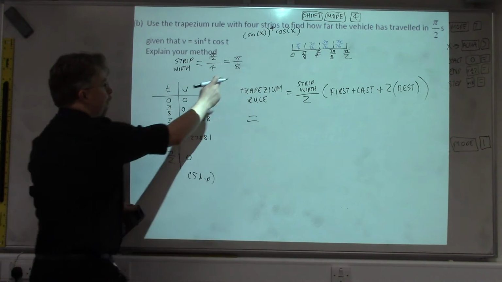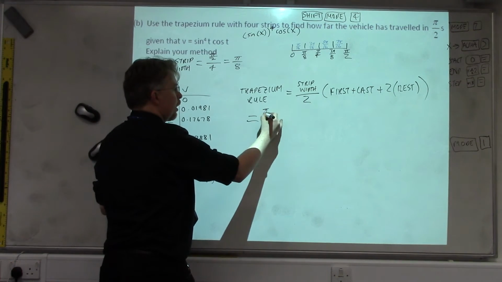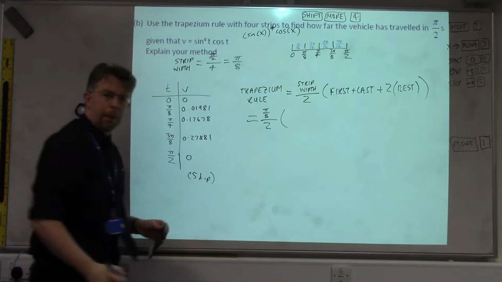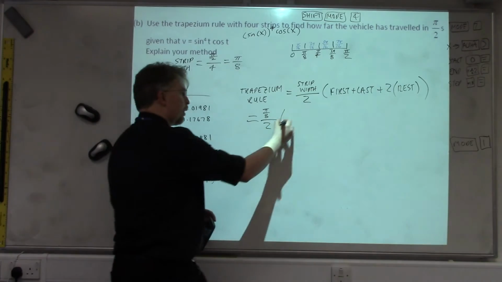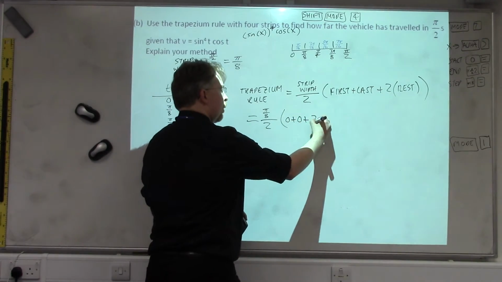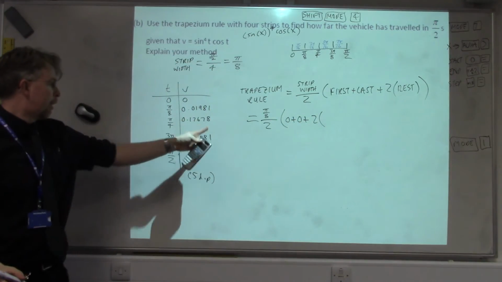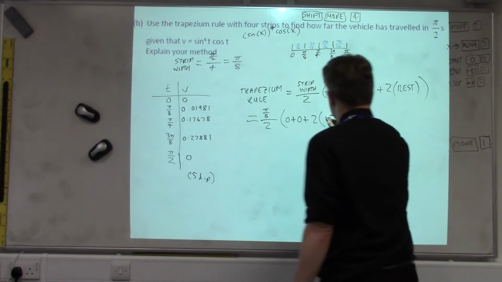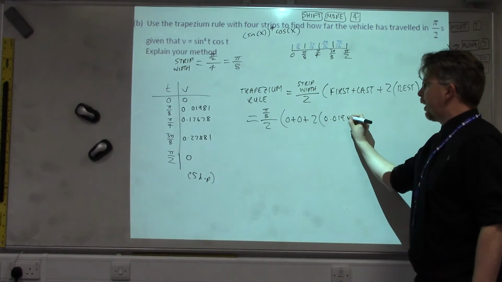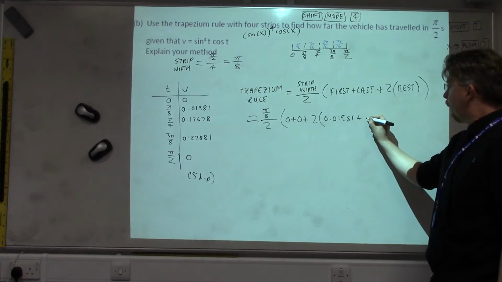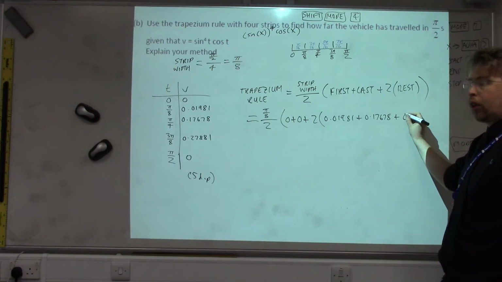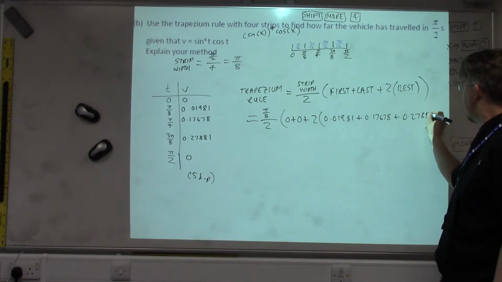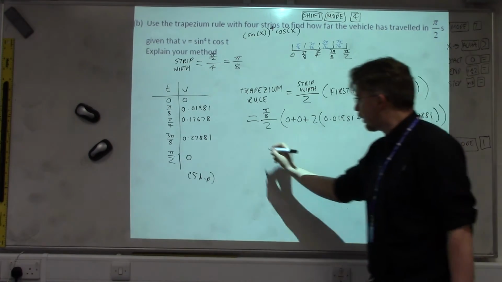Strip width, pi over 8, divided by 2, open bracket, first plus last, 0 plus 0, plus 2 times the rest, the middle 3 numbers: 0.01981 plus 0.17678 plus 0.27881, close bracket, close bracket.